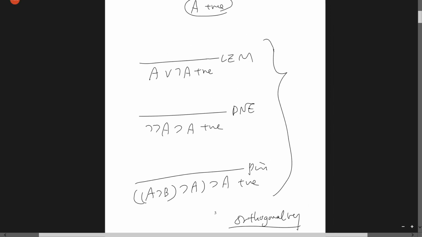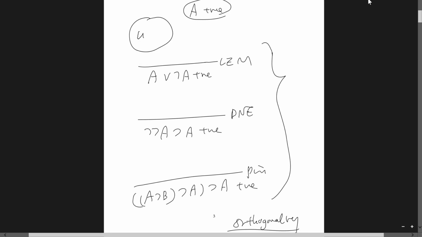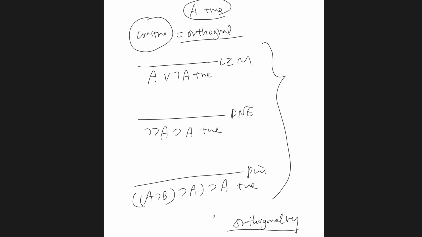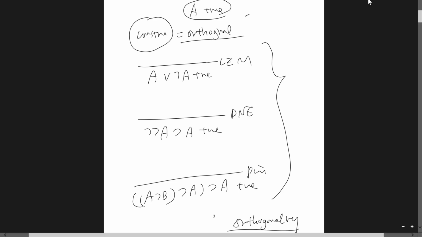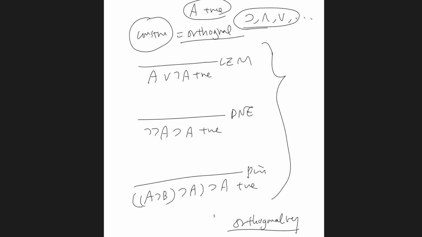The previous constructive logic is orthogonal in the sense that every connective is defined independently of any other connective. In other words, all the logical connectives, implication, conjunction, disjunction, are defined independently of each other, so they are orthogonal.